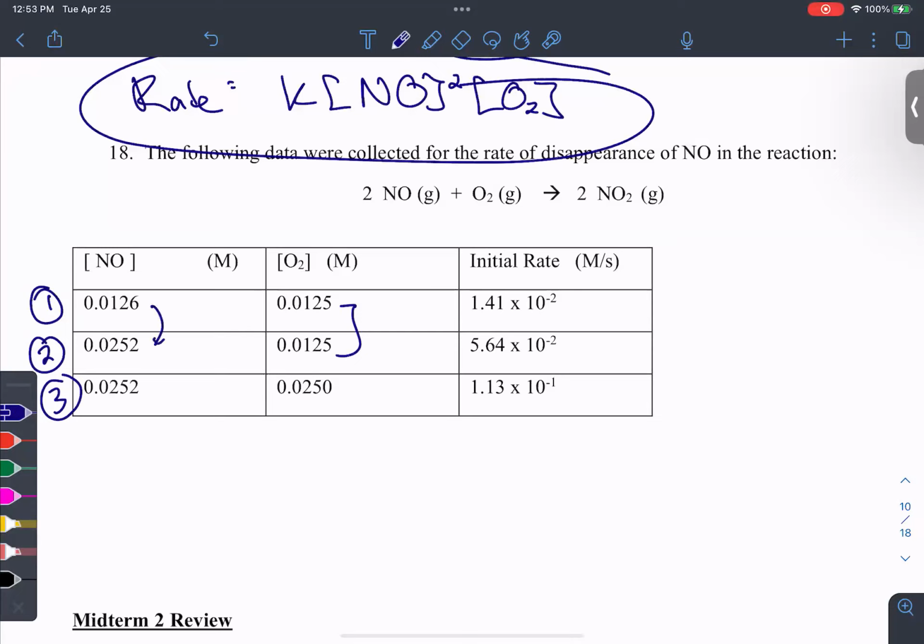But I see that the concentration of NO doubles. How does the rate change? Does it double? No, it quadruples. So if I double the concentration of a reactant, but the rate quadruples, what's the order? Second. So this tells me that NO is second order.